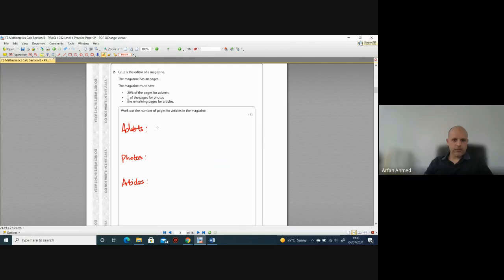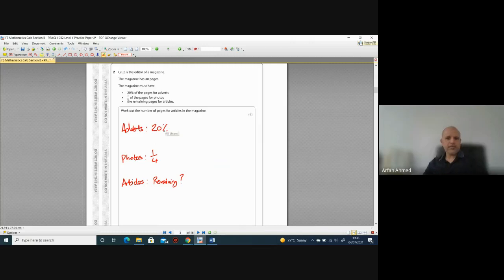For adverts, we're told 20% of the pages are to do with adverts. A quarter of the pages are for photos, and the remaining, which we don't know, is what we're trying to find out.